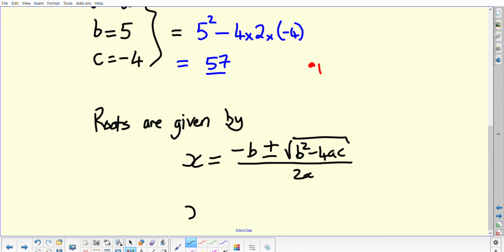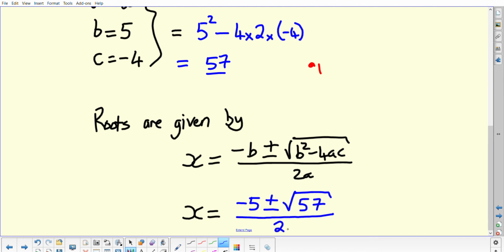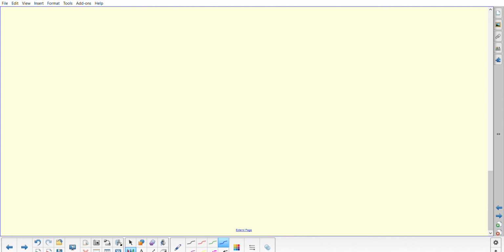However, when you come to sub into it, negative b would mean that you were writing down negative 5, plus and minus like that, and then underneath this root, we don't need to write all this bit about 5 squared, etc. You just need to put that single value in. So you've got 57, and the whole thing is being put over 2a. That means you're doing 2 times a, and your value for a here was equal to 2, so we should have 2 times 2.